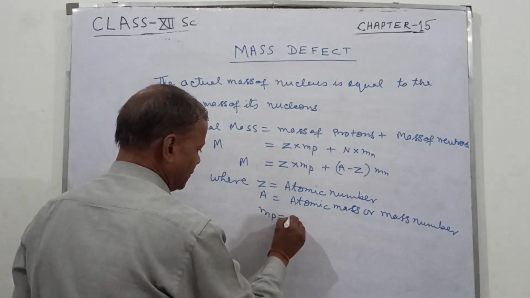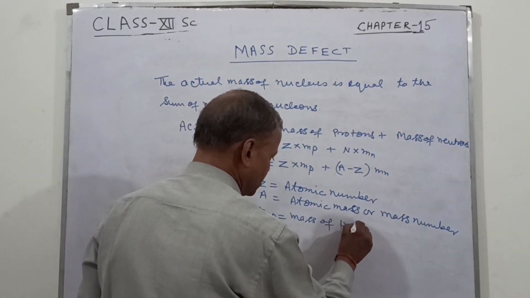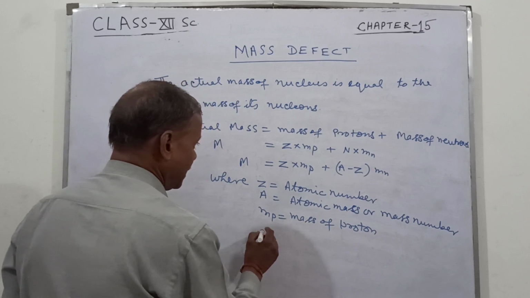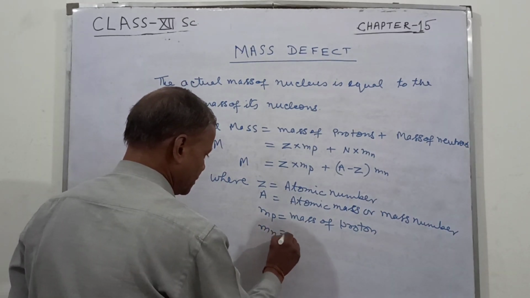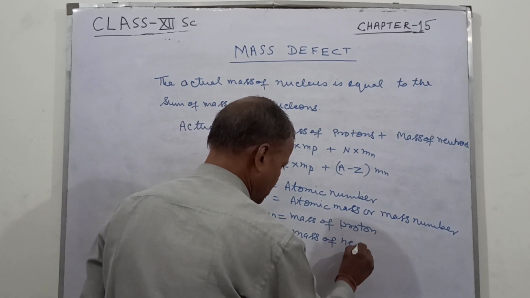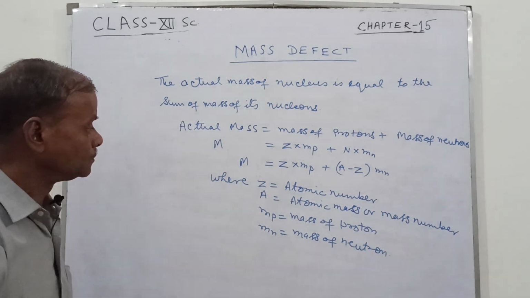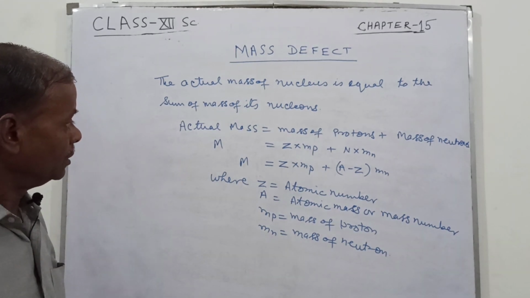Mp is the mass of proton and Mn is the mass of neutron.